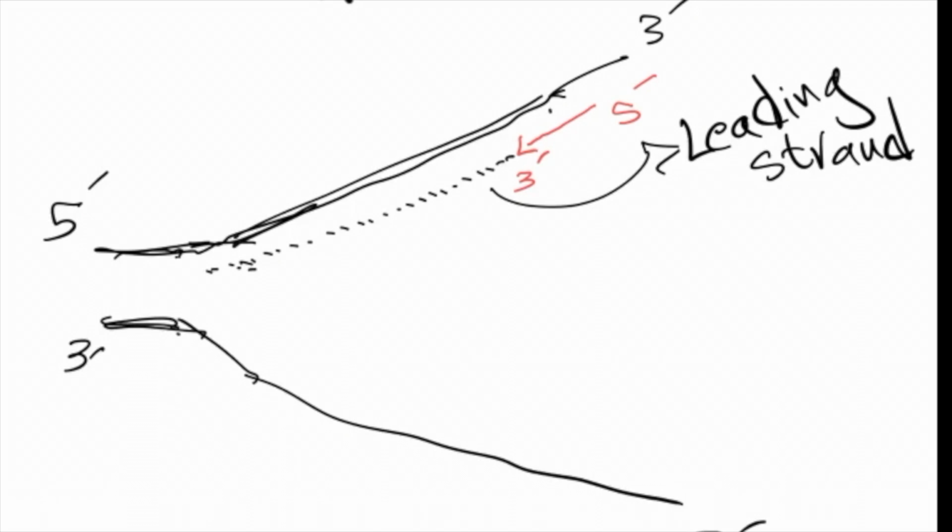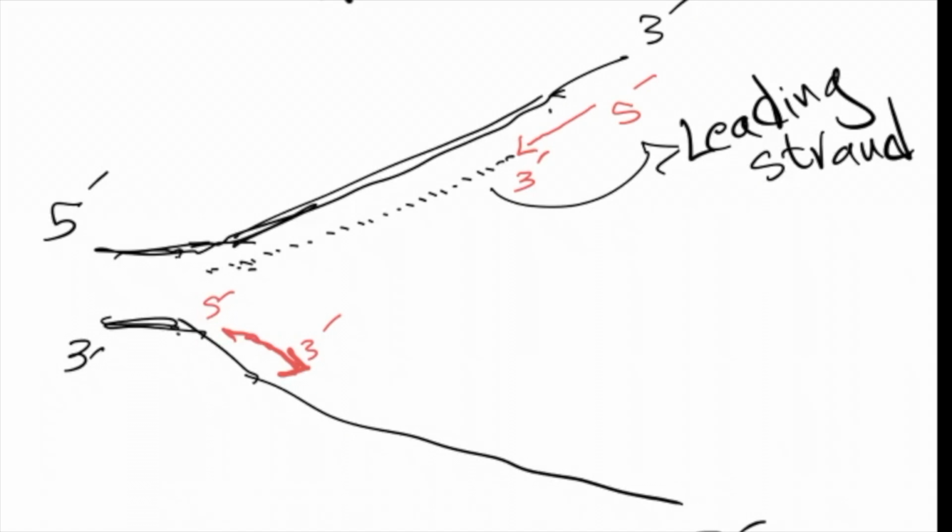It's new DNA. Now let's take a look at the opposite strand. So if the template that we're using is going from 3' to 5', then the one that is being synthesized has to go anti-parallel. So it would have to go in the opposite direction. Except in the other strand, you're not going to continue building this in one piece.